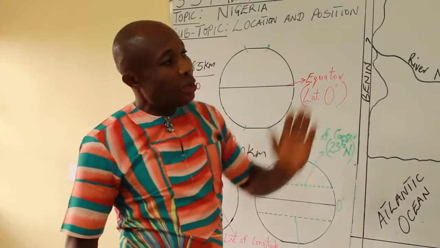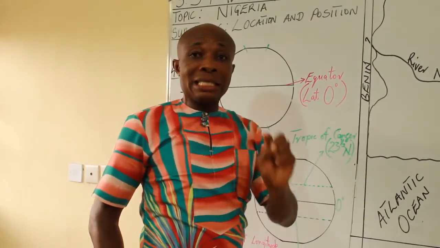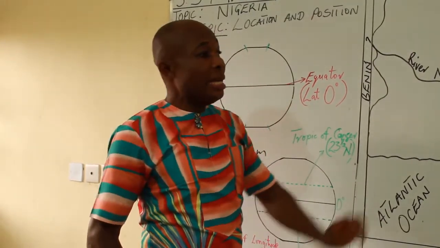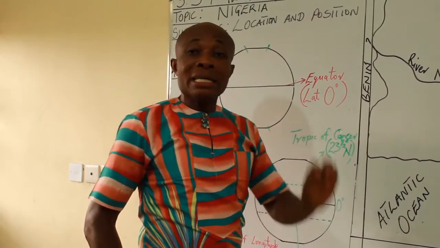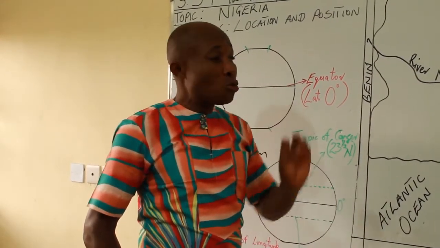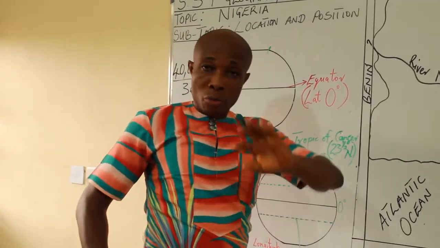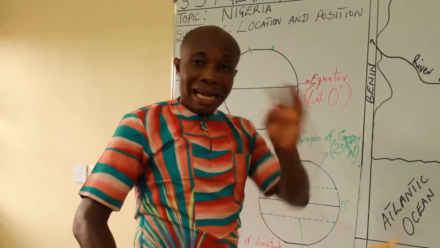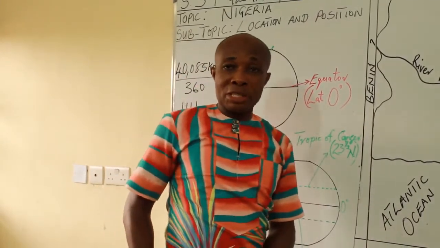And the total landmass of Nigeria as the fourth largest country in the West African sub-region is 923,768 square kilometers. Now you have known the position of Nigeria from the equator, the landmass of Nigeria, and that Nigeria is situated within the West African sub-region.